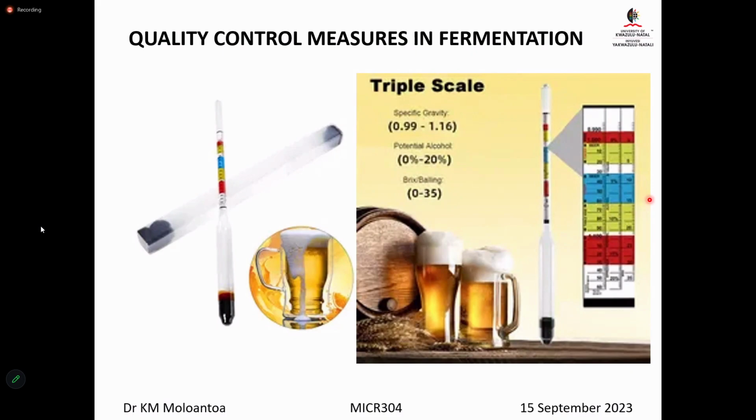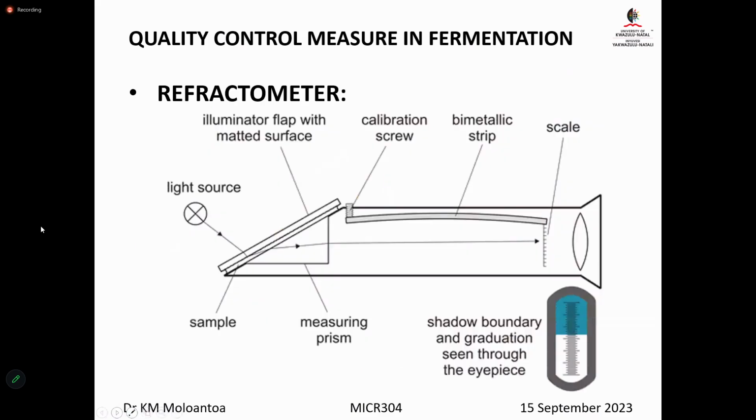And now, because things have been automated, we've got what you call a refractometer. This is the hydrometer, and then we've got the refractometer. The hydrometer works with the liquid, which is the wort. The refractometer still works with the liquid, but this one does not use the 100 milliliters anymore.